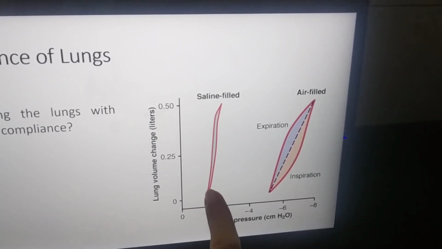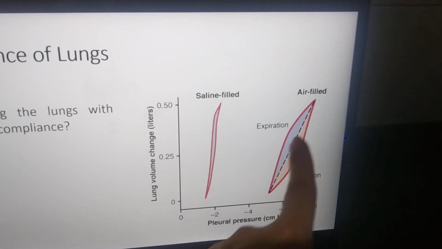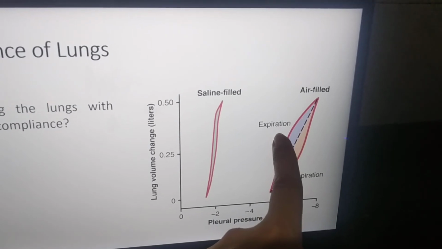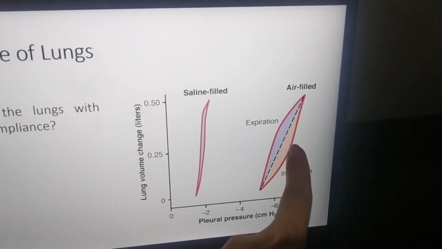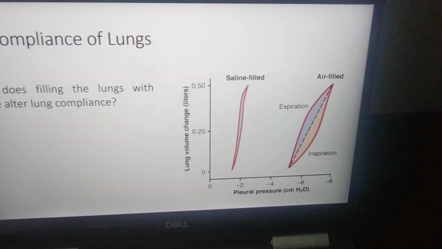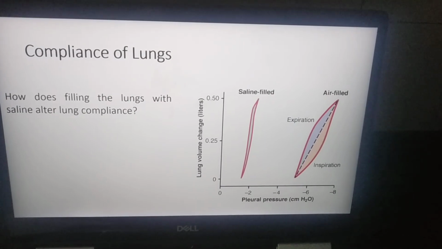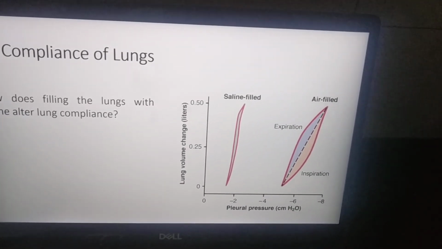And I have already told you that the area between the inspiration and expiration curve represents the work required to overcome the airway resistance during inspiration and expiration. So in this way we can see the effect of the surface tension.